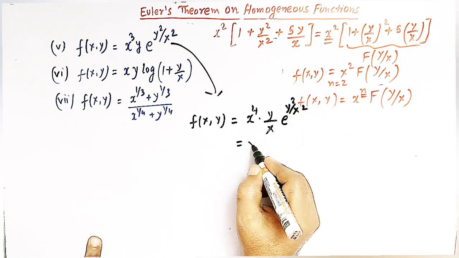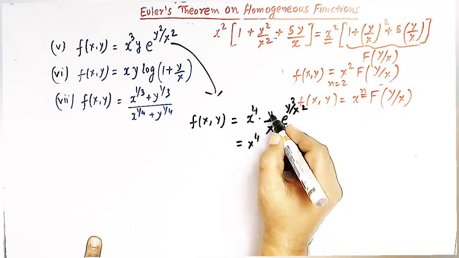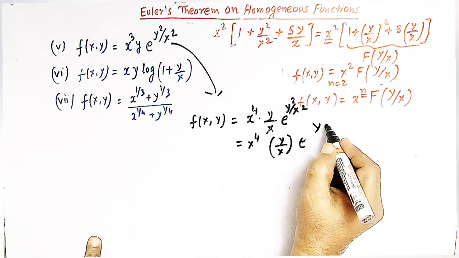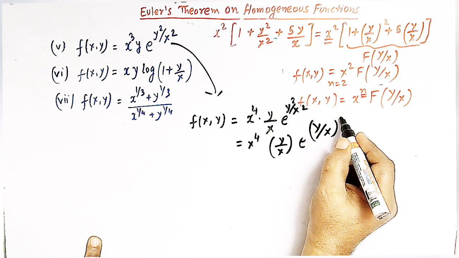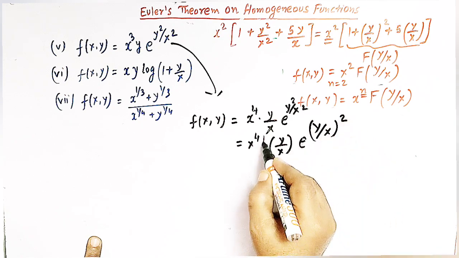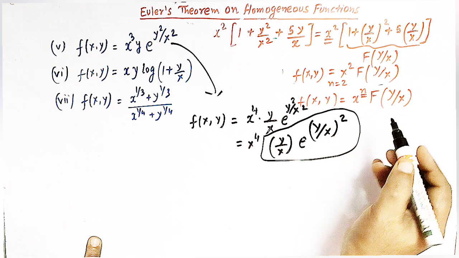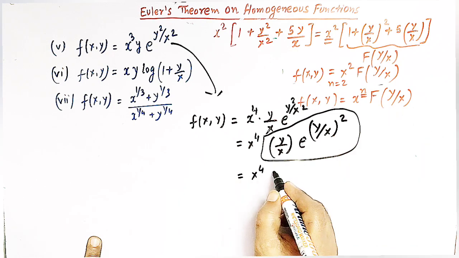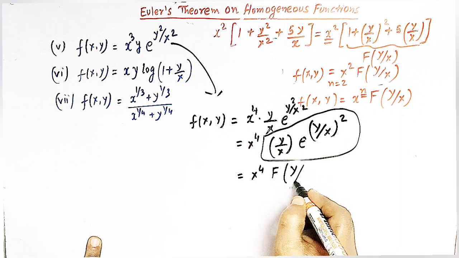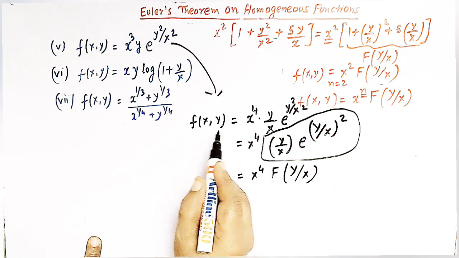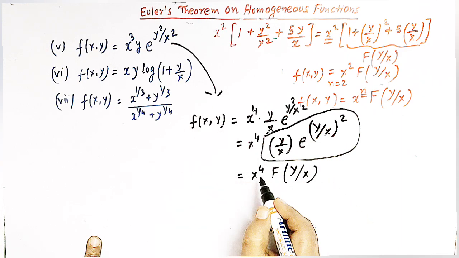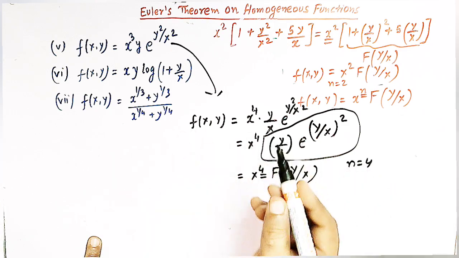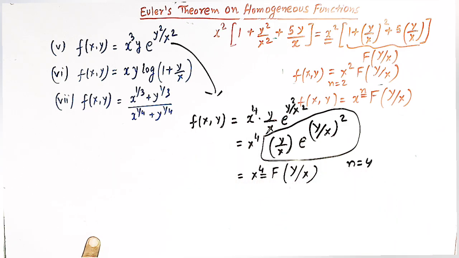So we can now write x raised to 4, and this is y over x, and e raised to y over x whole square. So now this is a function of y over x. So we have x raised to 4 and f of y over x. So the degree of this function is 4, that is this function is a homogeneous function of degree 4.